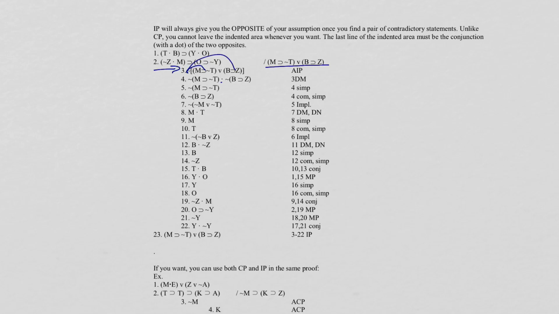And then, when you have something like this, okay, so you have a negation, but you can't do De Morgan on a horseshoe. So the key is do implication inside, and then you can do De Morgan. Okay, so if you have B to Z, you're going to end up with not B or Z on the inside.